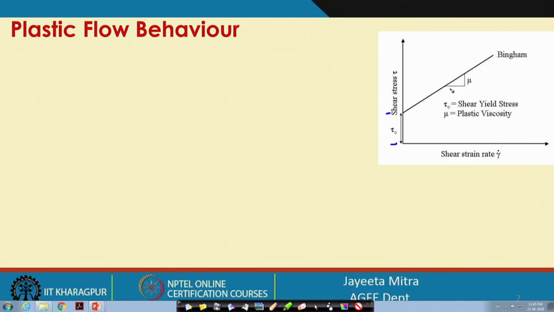That means again the slope of the shear stress versus shear strain diagram will be constant, and one property will be enough to explain their flow behavior in this region, that is called the plastic viscosity, and this tau 0 is called the yield stress. So, this kind of flow behavior is termed as Bingham plastic behavior.